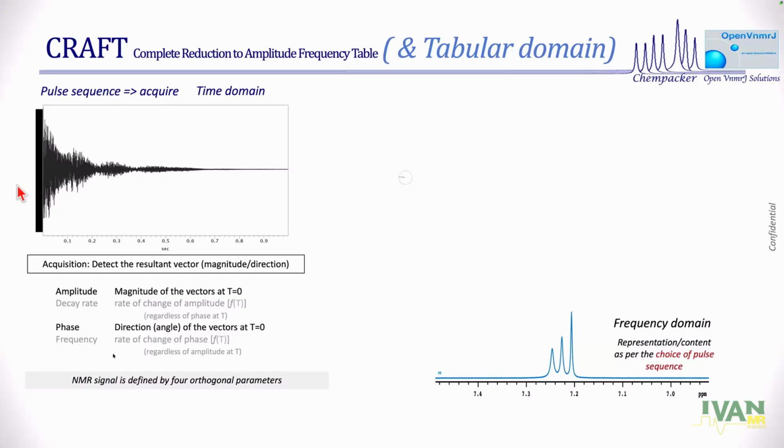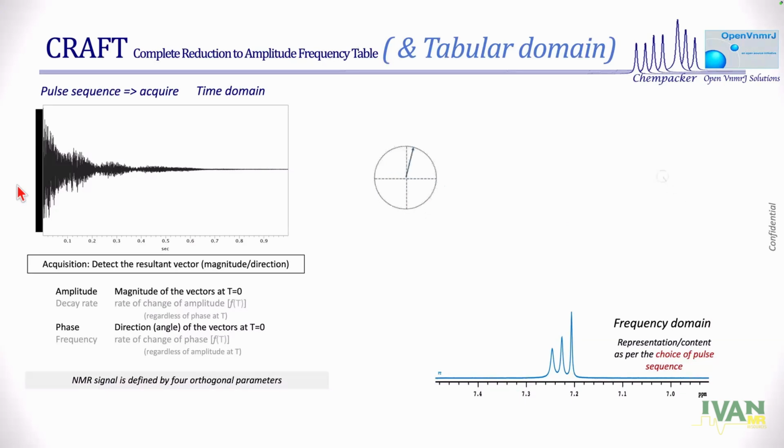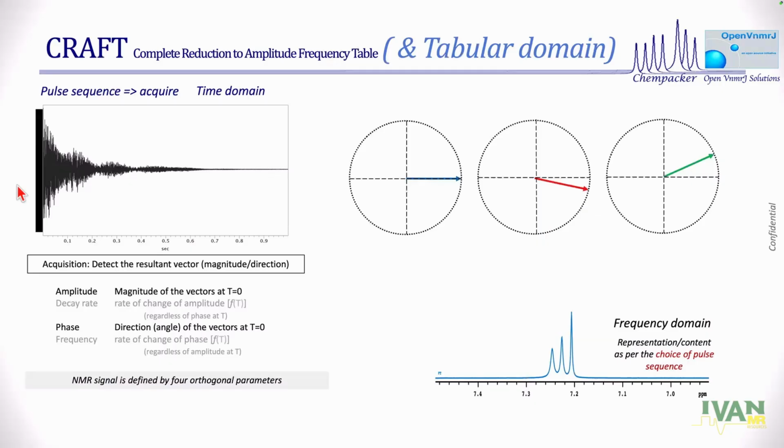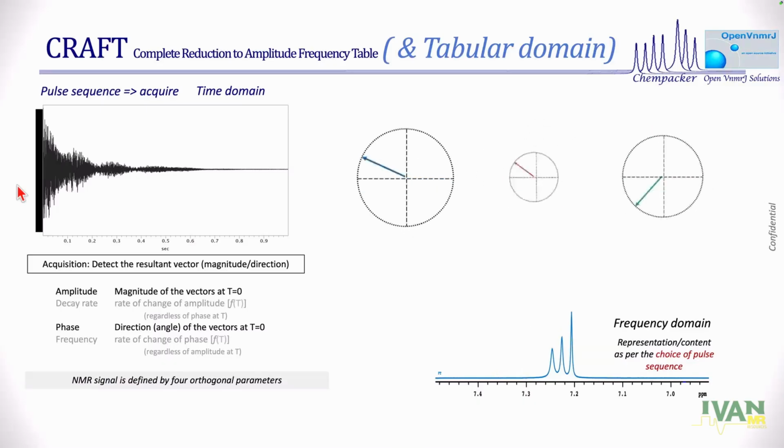And frequency is the rate of change of phase. As long as you follow the phase of the magnetization as a function of time, you can derive the frequency. A Fourier transform does that for us. So we get the spectrum where you have the frequency along one axis and the peak height along the other axis, and we are very happy about that.